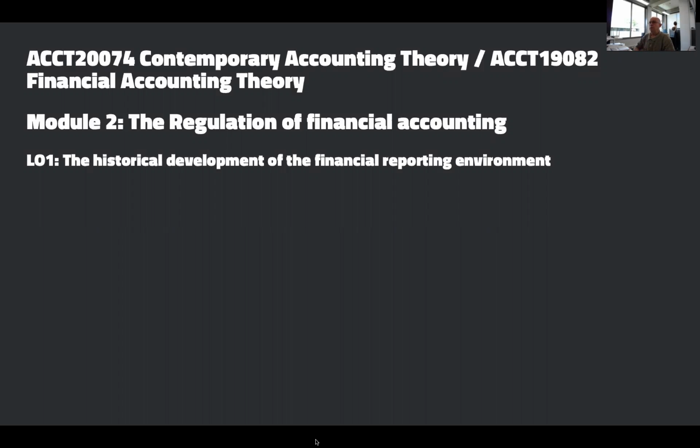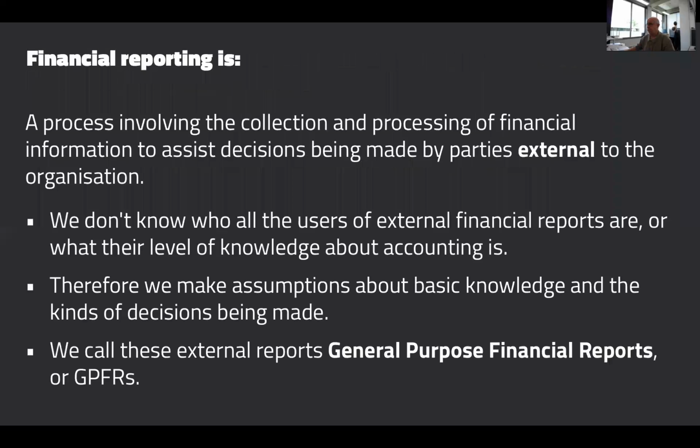Okay, so in Learning Outcome 1, we're going to look at the historical development of the financial reporting environment. And when we ask what financial reporting is, we can say it's a process involving the collection and processing of financial information to assist decisions being made by parties external or outside of the organisation.